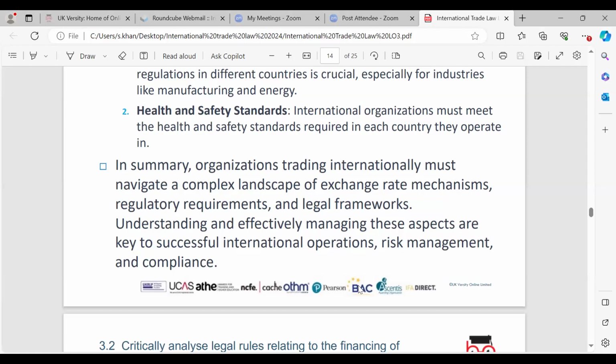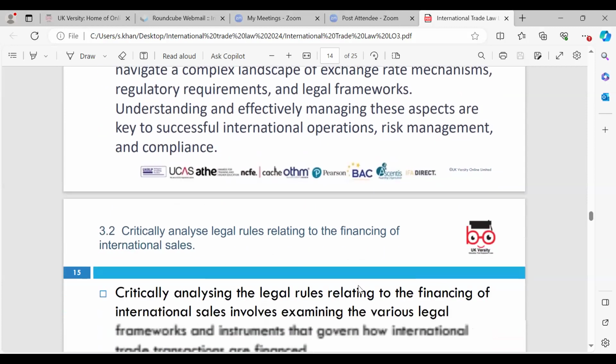It's really important and advisable for any organization trading internationally, globally, that they take into account lots of these elements of exchange rate, regulatory requirements, and legal frameworks, so that they are protected, because as we mentioned earlier, different countries have different jurisdictions and different laws in place. So you must protect yourself because you are trying to have a successful business. Make sure you follow the legal frameworks and regulatory frameworks.